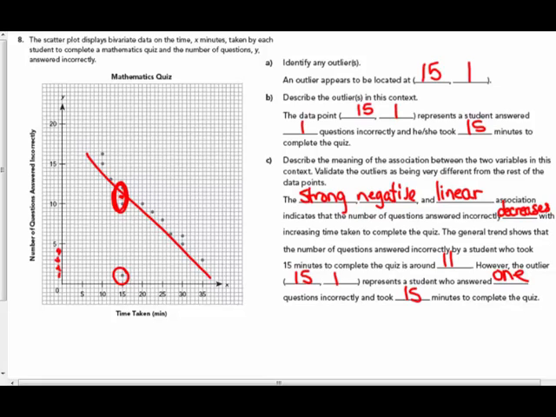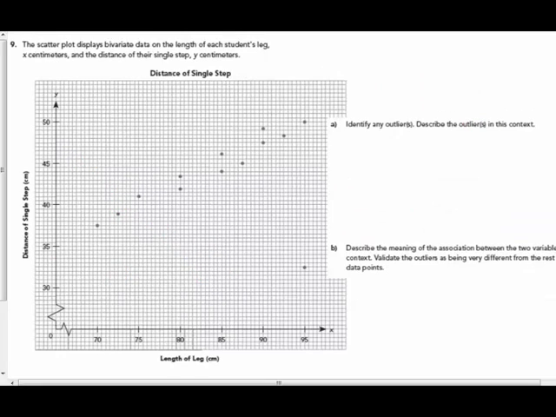Then on page 9, the scatter plot displays bivariate data on the length of each student's leg, x centimeters, and the distance of their single step, y centimeters.